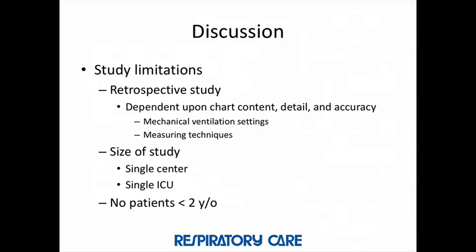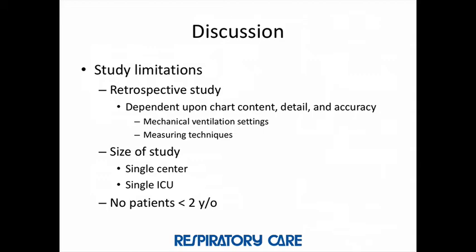You also can't affect the intervention. Measuring techniques in this study were an example given by the authors that ideally you would want to make sure that all of your subjects were being measured identically before calculating ideal body weight in a study like this, and they don't have a way of doing that. So they're assuming that everyone was measured the same, or that any differences in measurement would sort of fall out during data analysis.